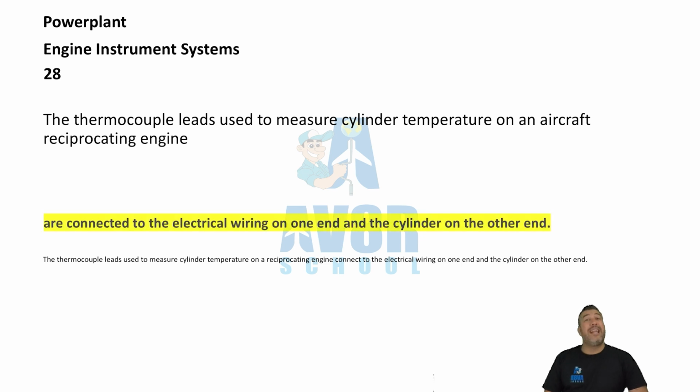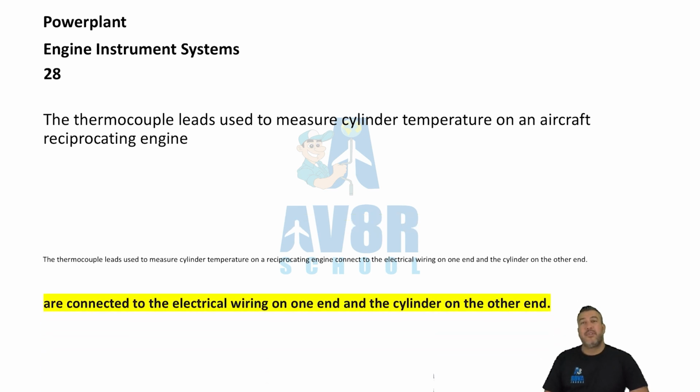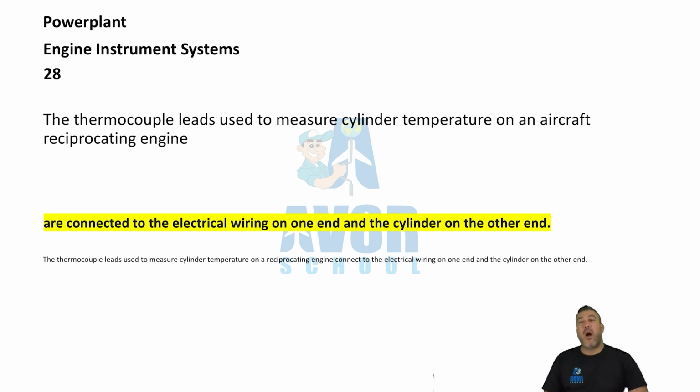So thermocouple leads used to measure cylinder temperatures on an aircraft reciprocating engine are connected to the electrical wiring at one end and the cylinder on the other.